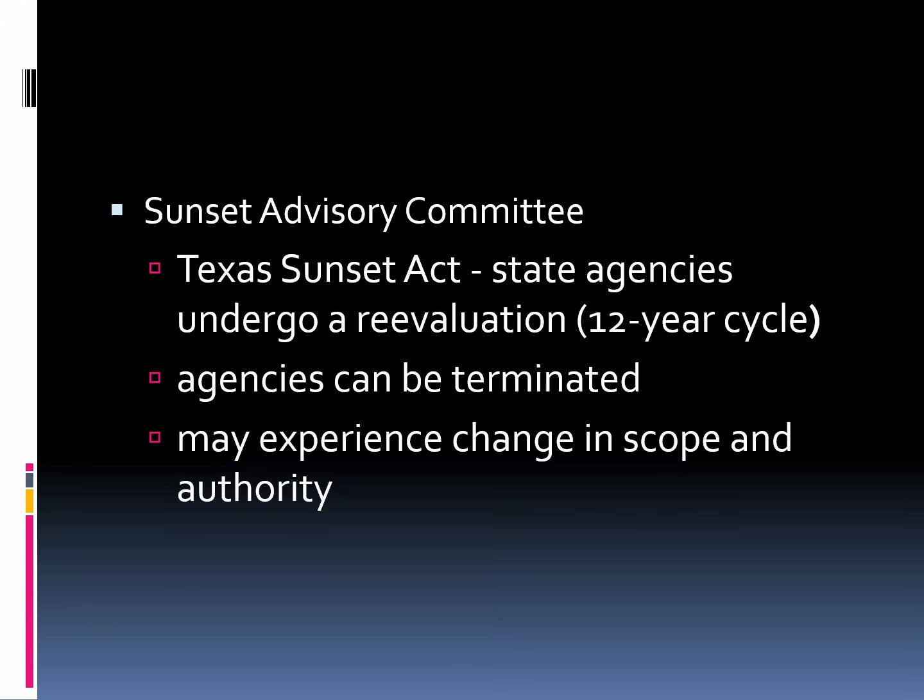They also look at the money part. This is a 12-year cycle unless something comes up where there needs to be an emergency evaluation, and that's what it's called, an emergency evaluation. Let me give you an example. About 4 years ago, there was a situation here in Texas dealing with real estate developers.